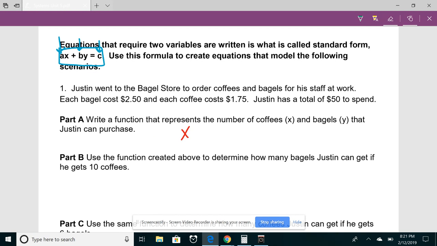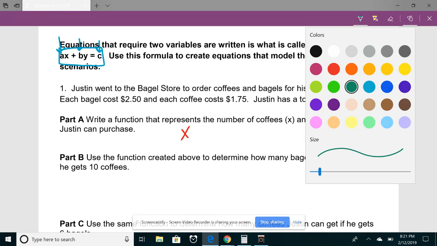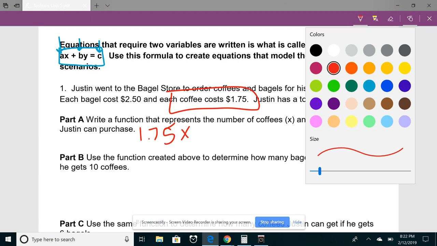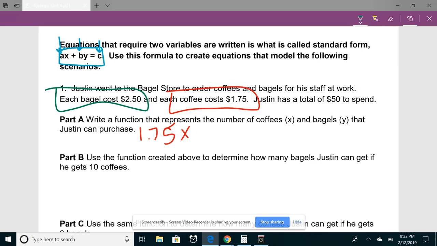Coffees are X. So each coffee costs $1.75, so it's $1.75x. And the bagels, the bagels cost $2.50. So $2.50, which is the rate for the bagels, Y, with a total of $50.